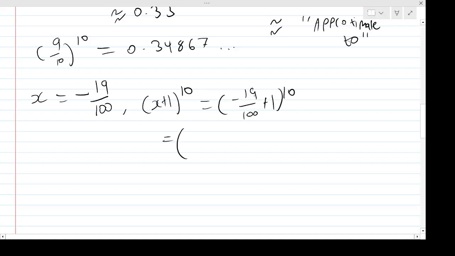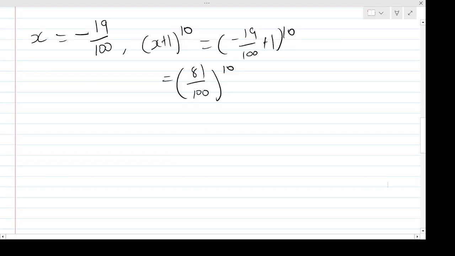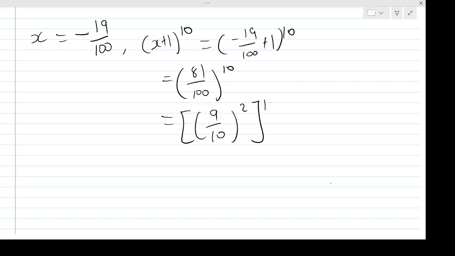Now that would be (81/100)^10. Hopefully you realise that 81 over 100 is just (9/10) all squared, to the power 10. I can switch the indices around.